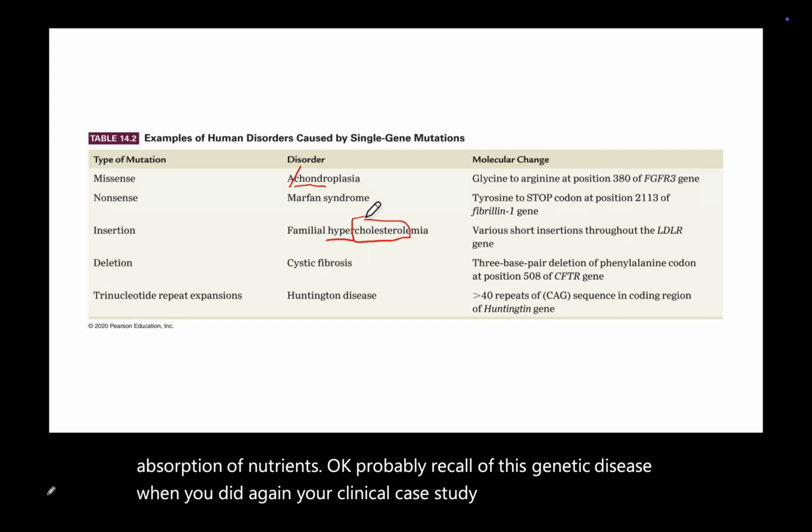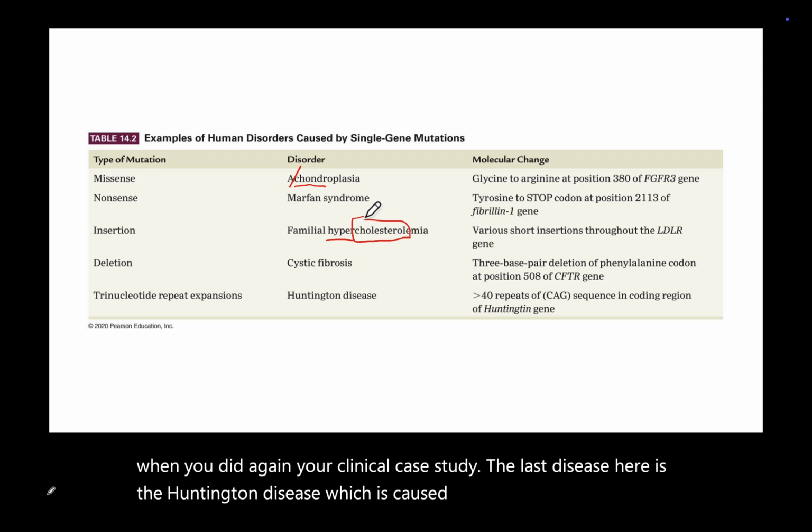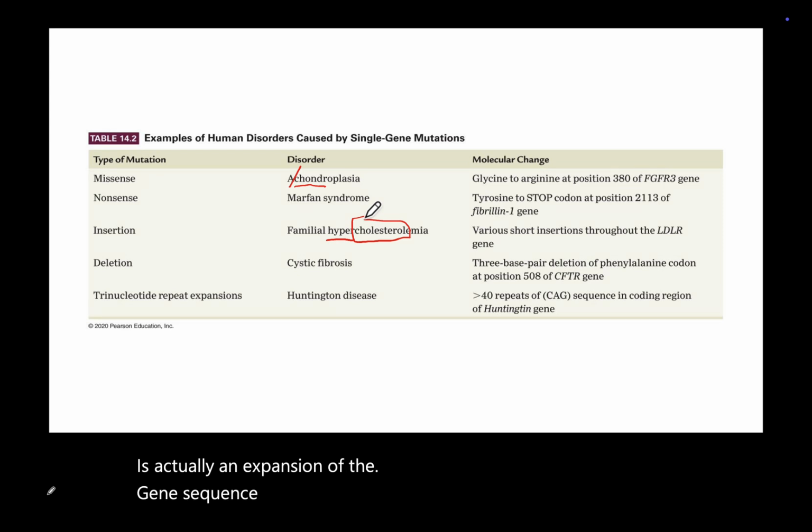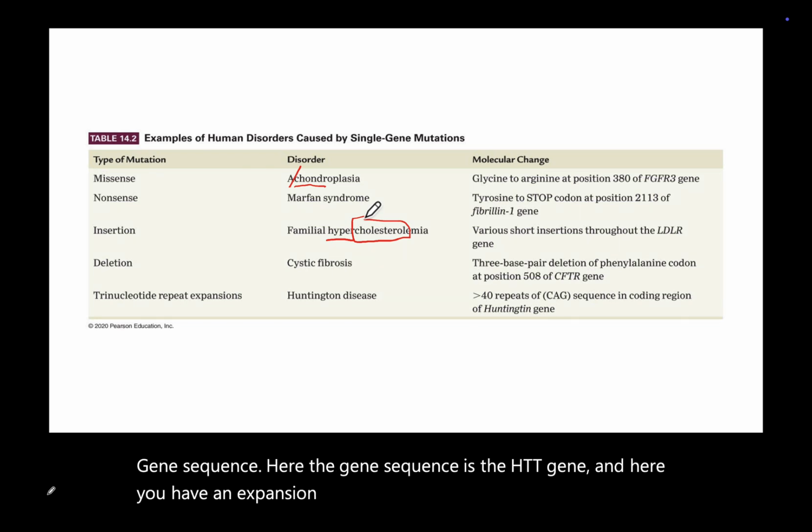The last disease here is Huntington disease, which is caused by a mutation that is actually an expansion of the gene sequence. Here, the gene is the HTT gene. And here you have an expansion, an addition of many of the same nucleotides.